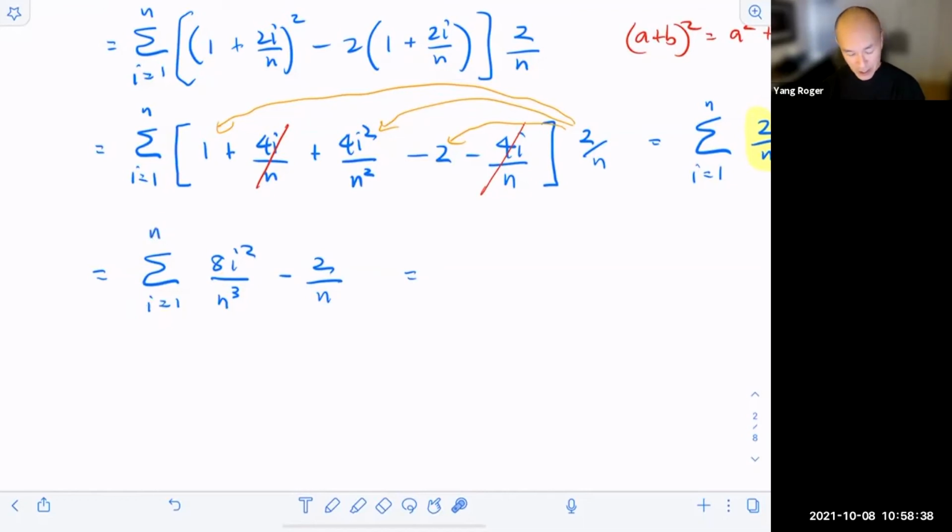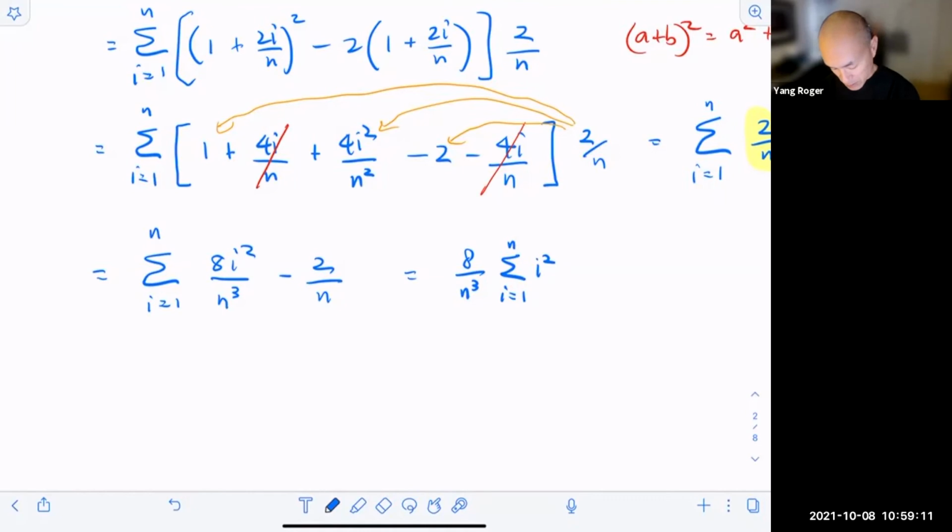In other words, the n isn't treated as a variable until I take my limit. Remember, out front, we're going to have that limit as n goes to infinity. So basically, when I look at this first term right here, 8/n^3 is a constant, so I can factor that out. I'm going to have an 8/n^3, and then we're going to have a summation as i goes from 1 to n, and then you're going to have an i squared here. Does that make sense so far?